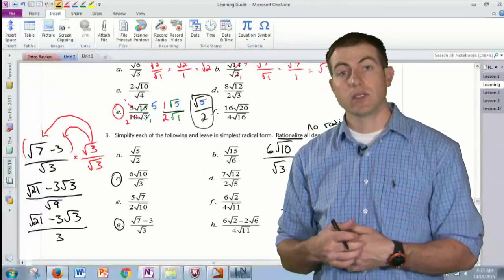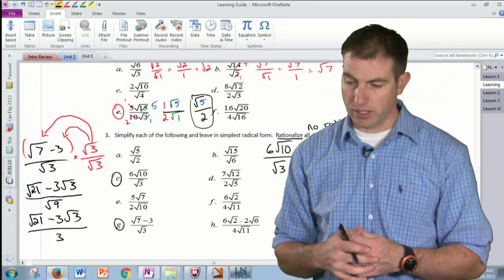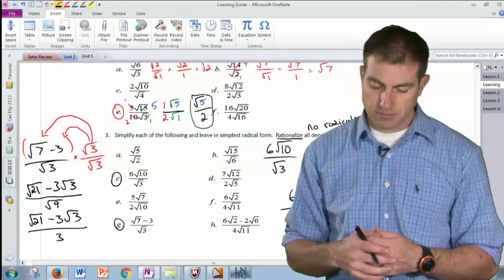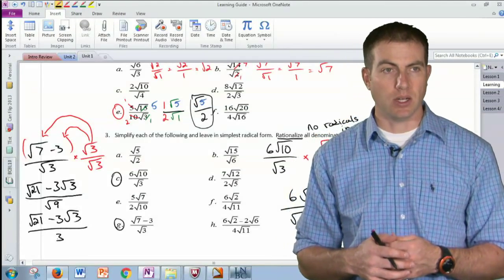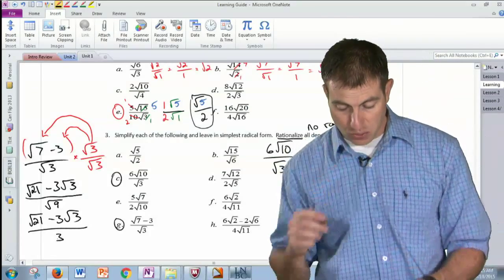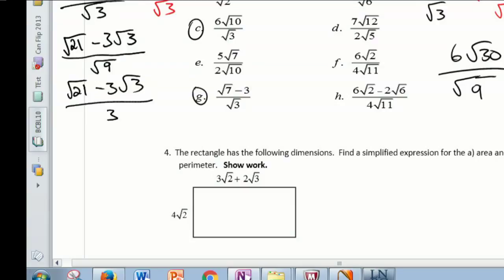Any perfect squares that go into 21, what do we think? 21, 7, and 3, nope, nope, and nope. No perfect squares there. I have this 3 on the bottom. And I could write this separately as root 21 over 3 minus 3 root 3 over 3.